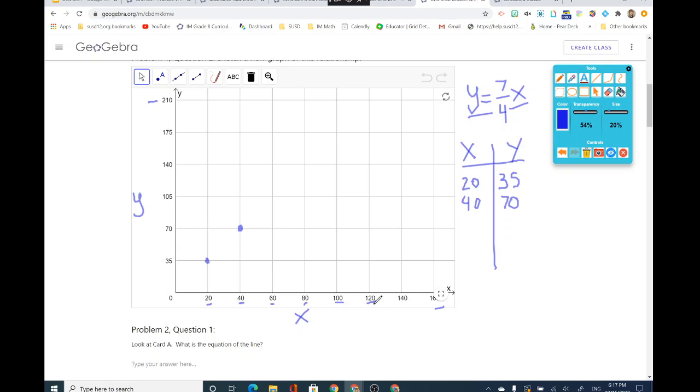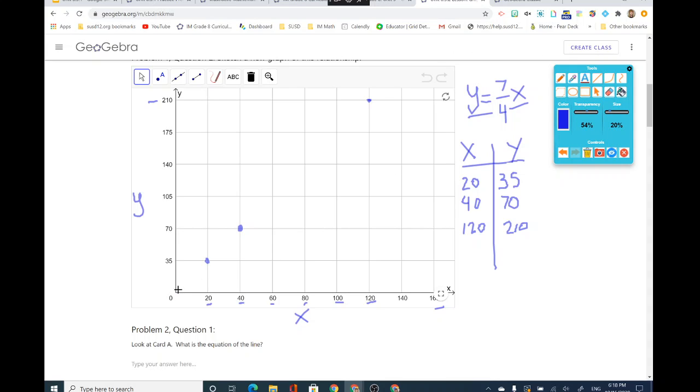Let's try x equals 120. Is it even going to be on this graph? I don't know. It might go off the graph. So 120 times 7 divided by 4 equals 210. It's still on the graph. I can plot it. When x equals 120, y equals 210. Now, if I have drawn my points correctly, they all fall on a line.